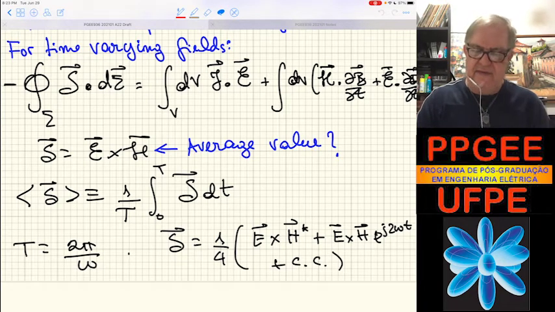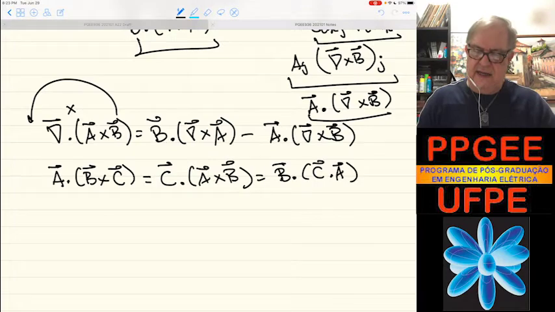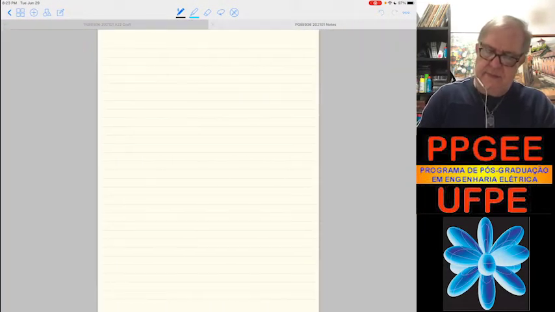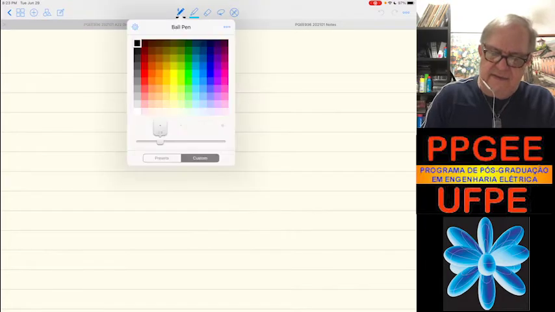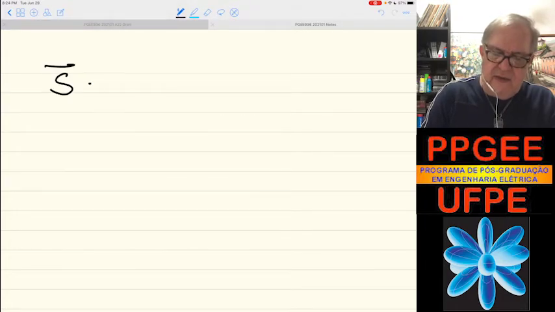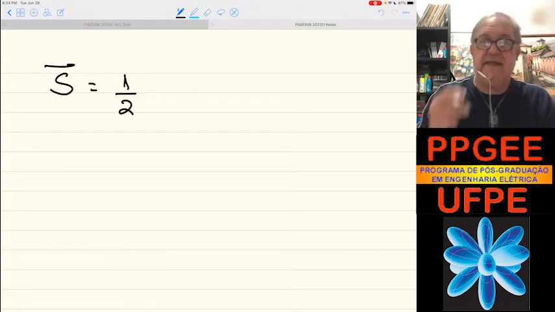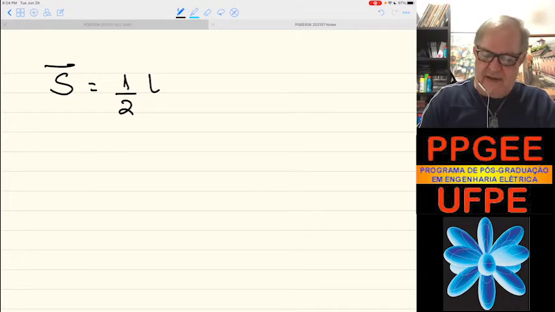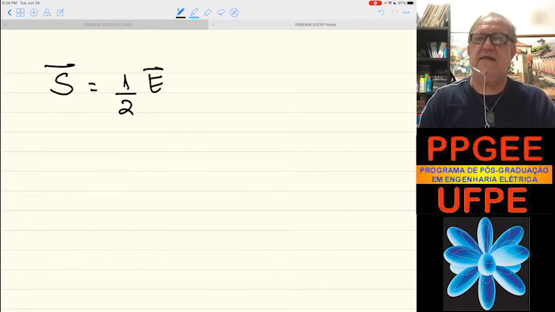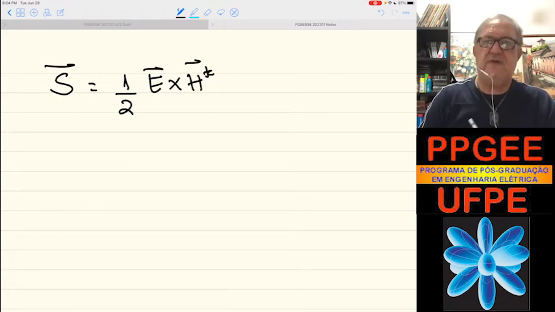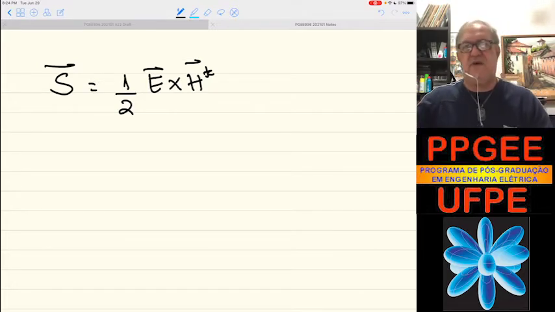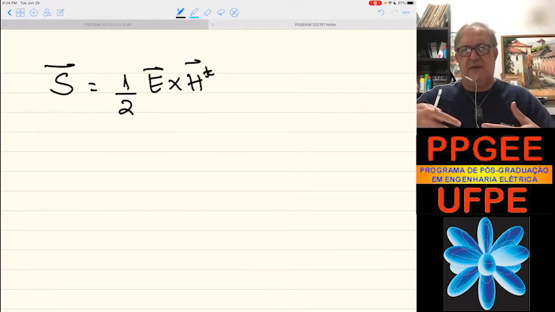So what we have is S, right, equals 1/2, that's the complex Poynting vector, E cross H conjugate. What we want to calculate is minus the divergence. We want to calculate the flux inwards a closed volume.